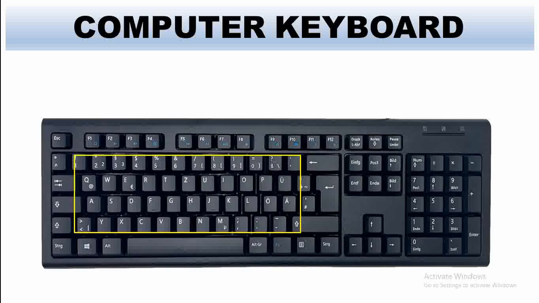Then under it we have Q W E R T Z and so on. So we have letters and numbers in that section, and we call it alphanumeric keys. Like I said, alphanumeric keys comprise both alphabet and number.